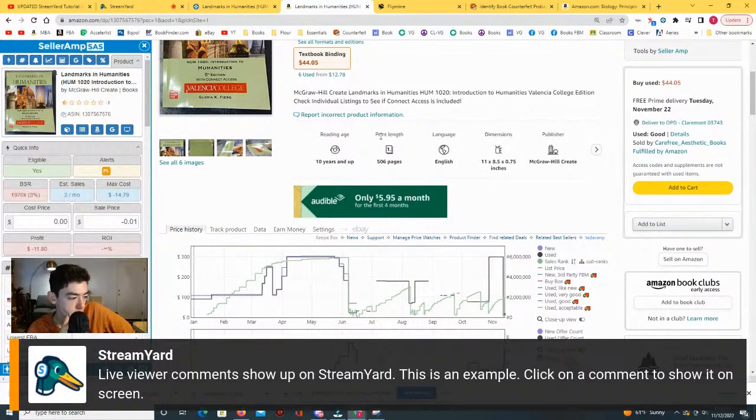Okay. Great question. So I think what you're getting at is sometimes there are books that have a really low new price, in that the used buy box is higher than the new price. In other words, how do I think about third-party new sellers?